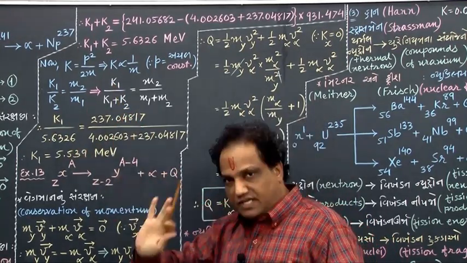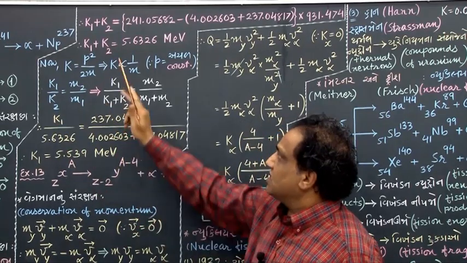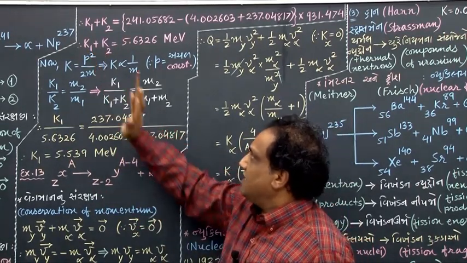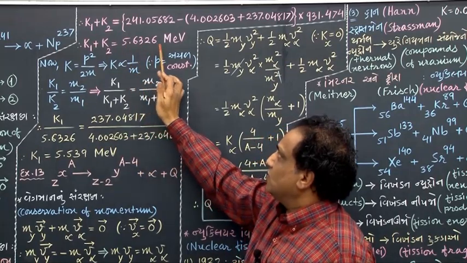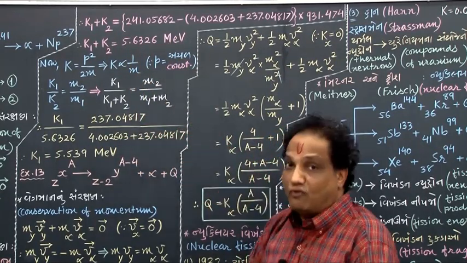Leave this K1 as it is. What is K1 plus K2? Just now we have found out K1 plus K2 is 5.6326 million electron volt.